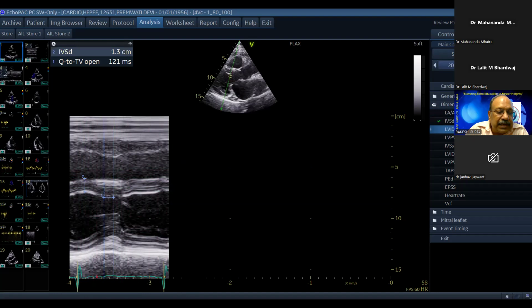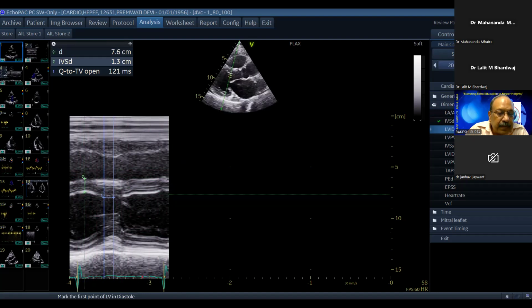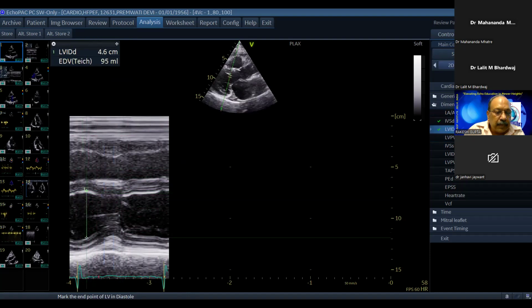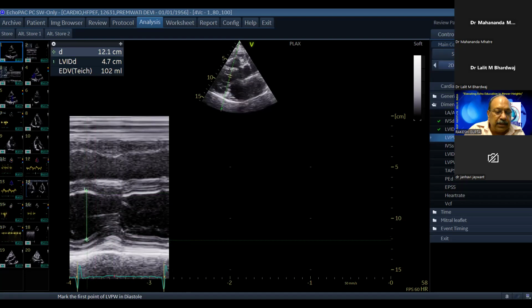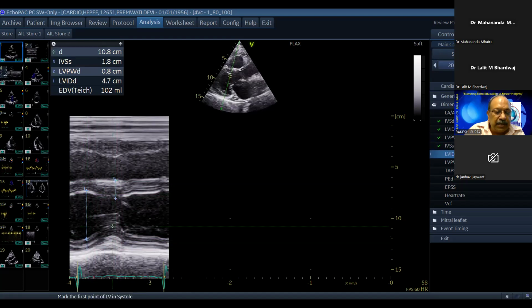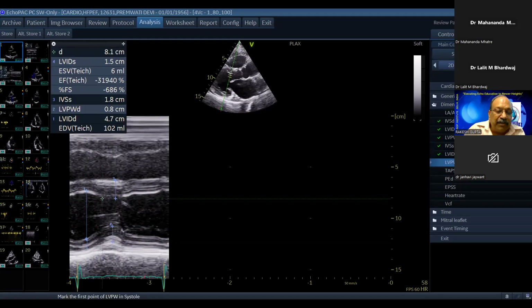Then next is dimensions. So here is my posterior wall, and further along this is my systole, and here is my posterior wall. So we use this long line to take the measurements.